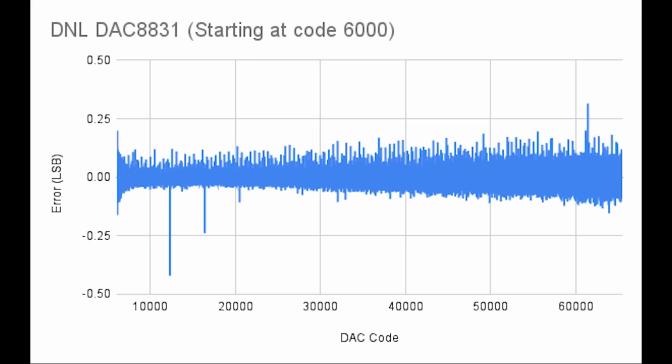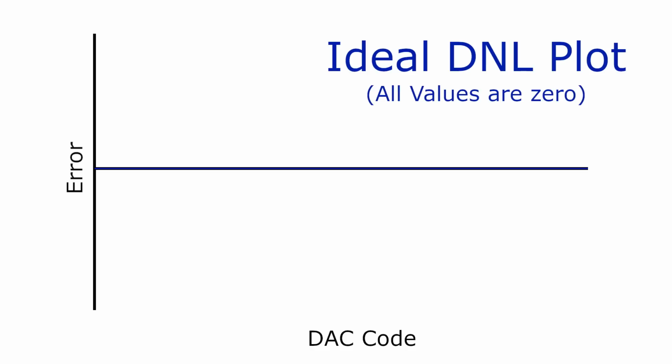Again, we adjust the voltage into our LSB unit, and an ideal DNL chart would stay at 0 for every code. This means that every code should increase by exactly 1 LSB in an ideal DAC. If, for example, the code increased by 1.5 LSB, then we would have an error of 0.5 LSB, since it is 0.5 higher than the ideal 1 LSB target.